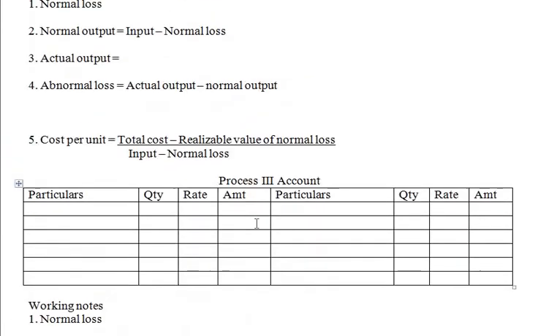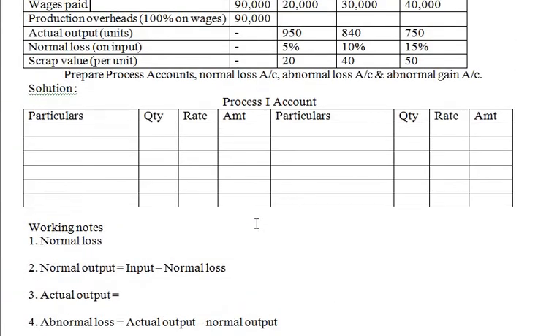Now, process accounts we are going to prepare one by one only, but whenever normal loss is recorded in process 1 account, simultaneously we need to record it in the normal loss account also. That is the reason I have told this, or else you can prepare it later also, not an issue.